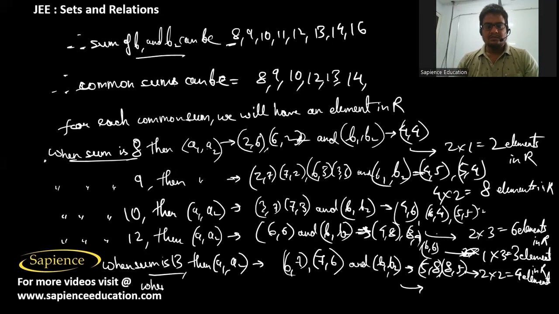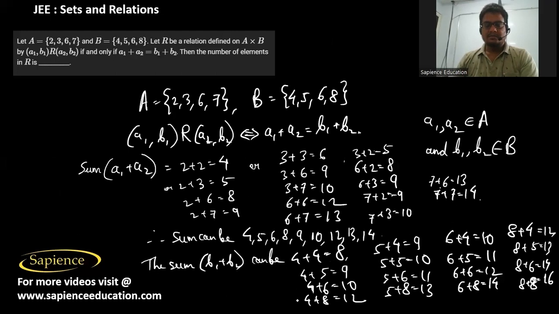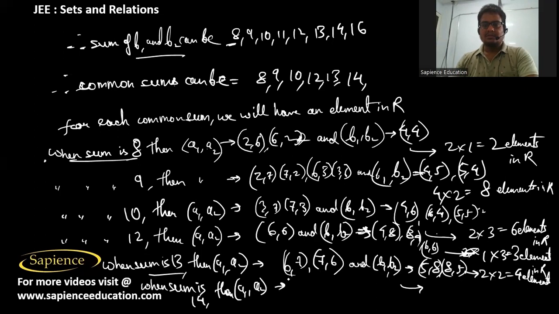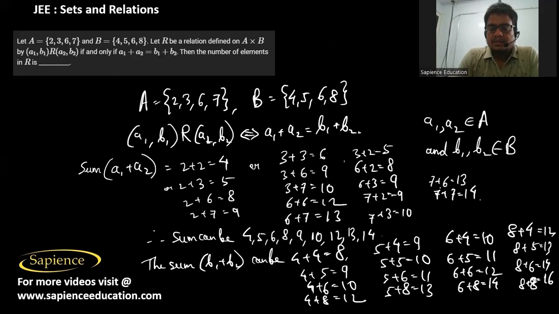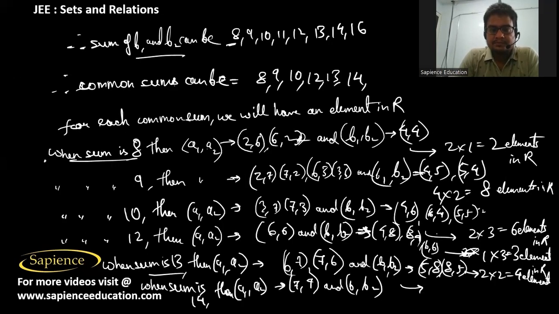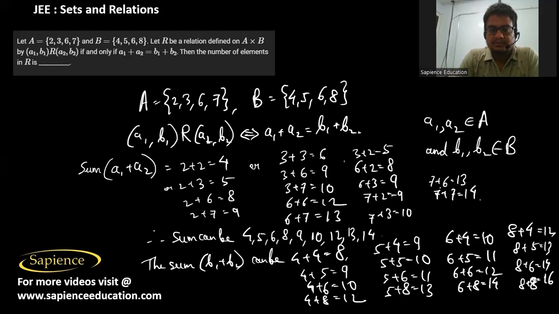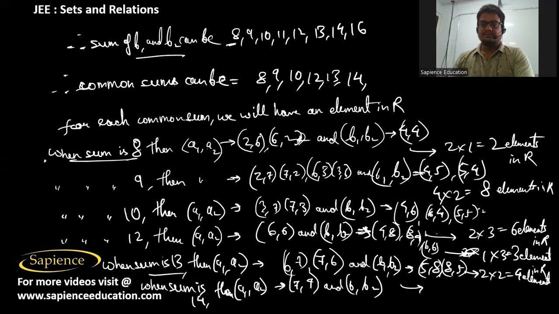Then when the sum is 14, then a1 comma a2 can be 7 comma 7, and b1 comma b2 will be equal to 6 comma 8 and 8 comma 6.